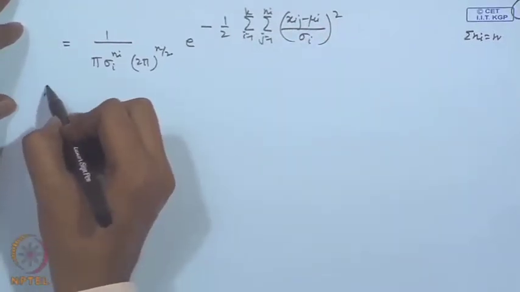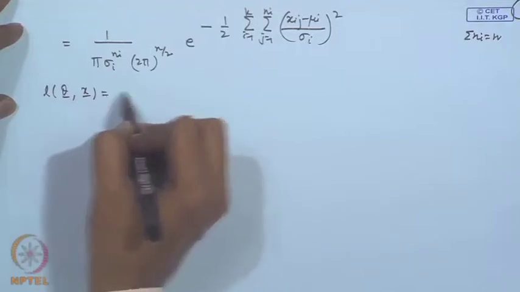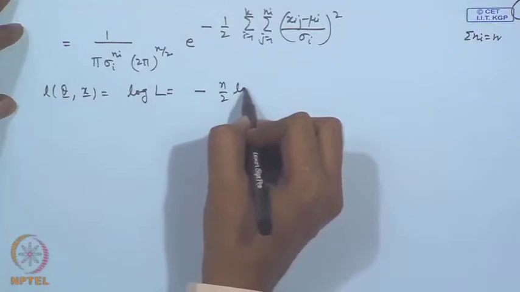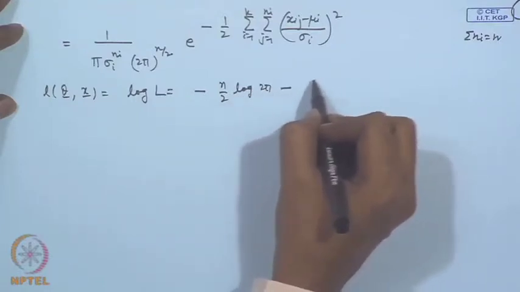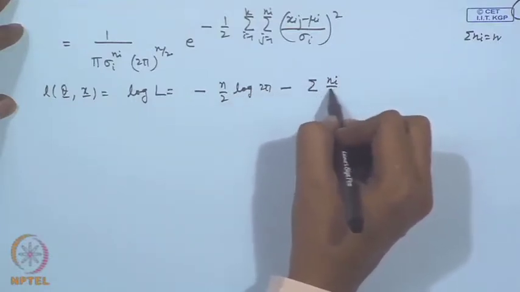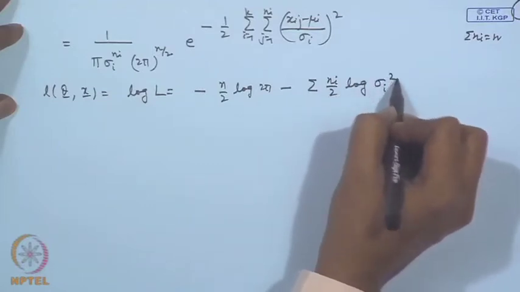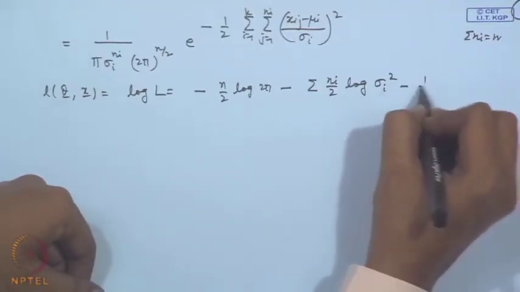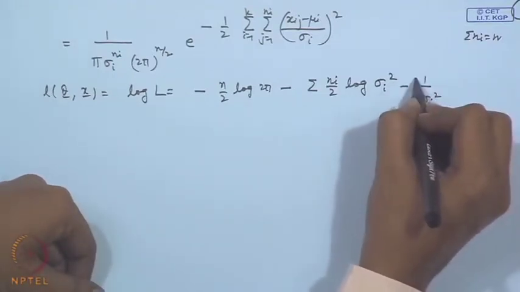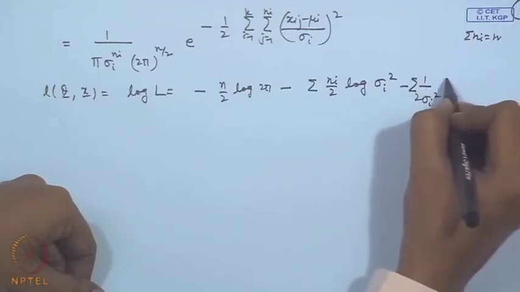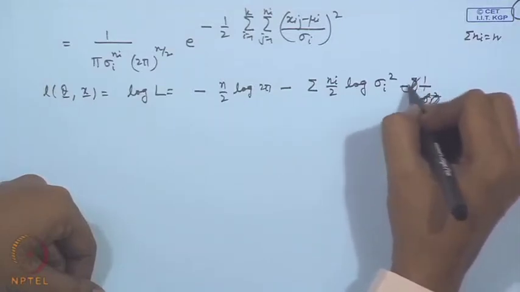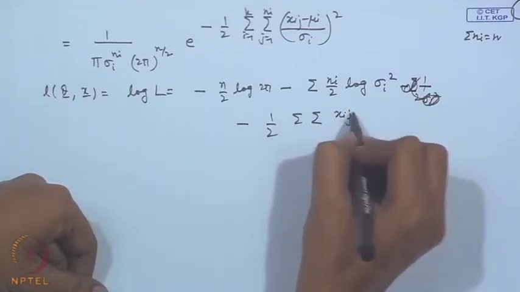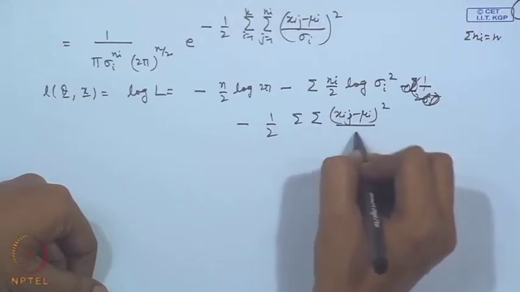So, we take the log likelihood function, that is equal to minus n by 2 log of 2 pi minus sigma n_i by 2 log of sigma_i square minus half double summation (x_ij minus mu_i) square by sigma_i square.